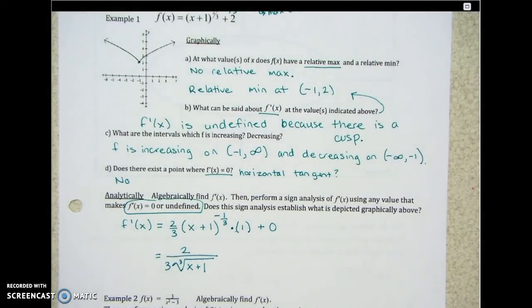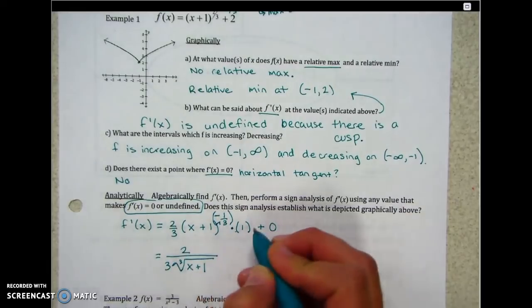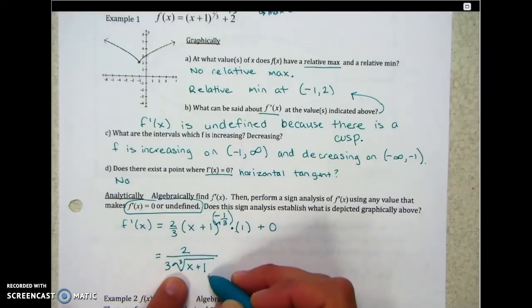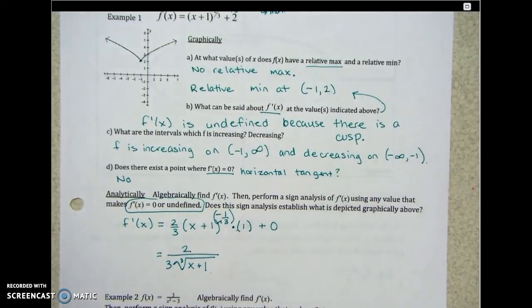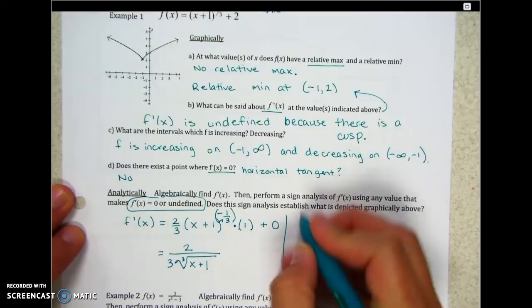That is a negative power, a negative exponent, and all that means is move the parentheses to the denominator. Good question.